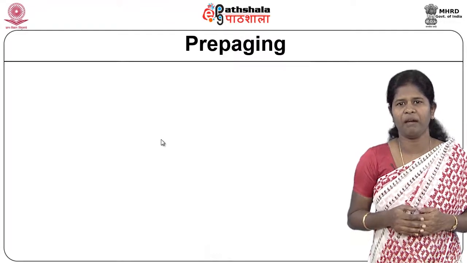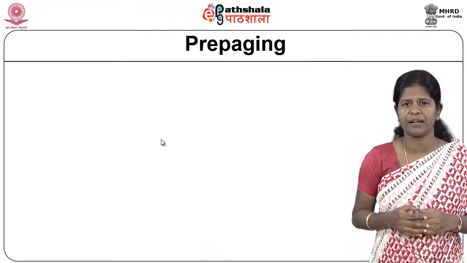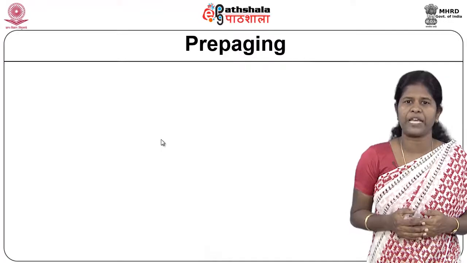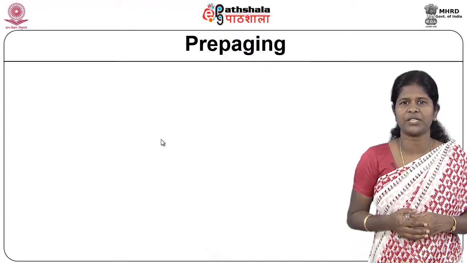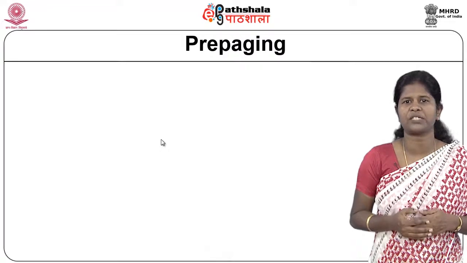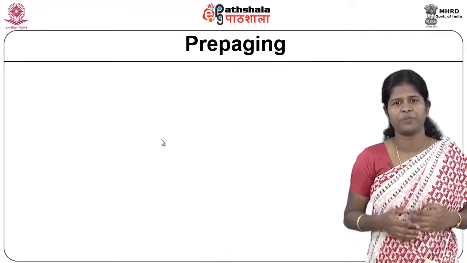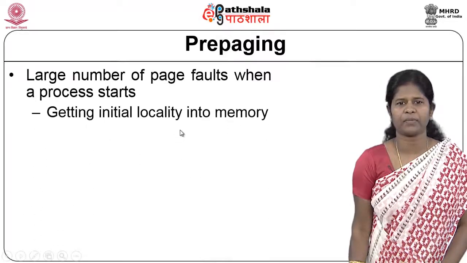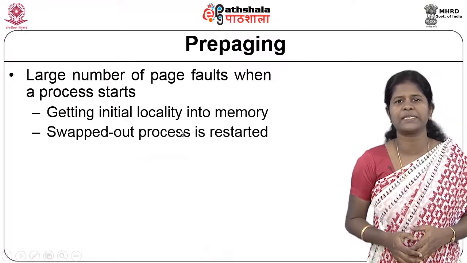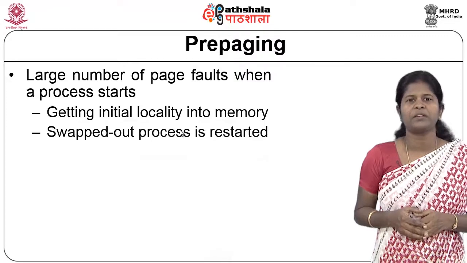Now, we will learn certain other issues related to page replacement and allocation of frames, certain other considerations which the OS has to consider so that you can optimize the performance of the operating system. One is called prepaging.